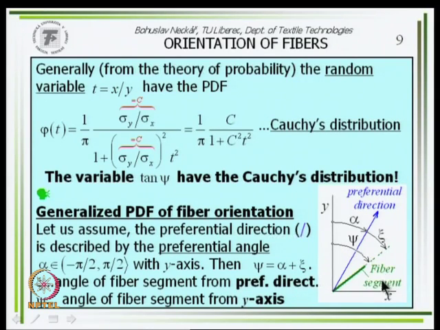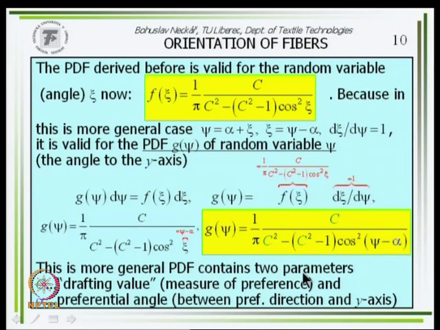So we can write that the angle psi to the y-axis is now other than the angle psi to the preferential direction. Our earlier equation is now valid for the angle to the preferential direction. And it's valid from this very trivial picture that psi is alpha plus psi. Yes. So I said our earlier equation is valid also now, but for the angle psi.